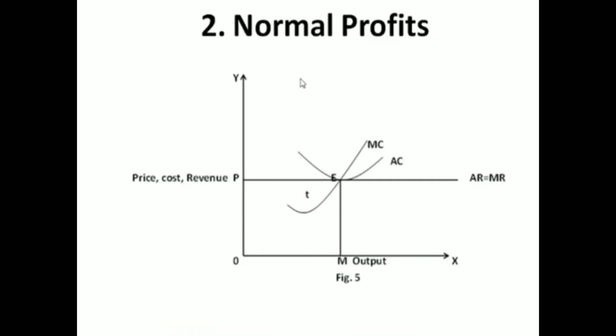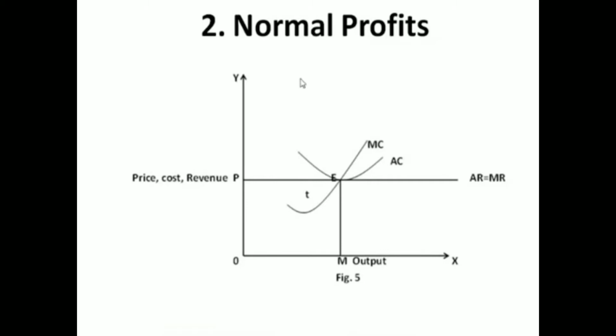Price OP is determined in the industry by the intersection of demand and supply. Firms are price takers, we know. For the firm, price is equal to AR is equal to MR, and AR is a straight line parallel to the x-axis. Firms can sell as much output as they wish at the price AR.